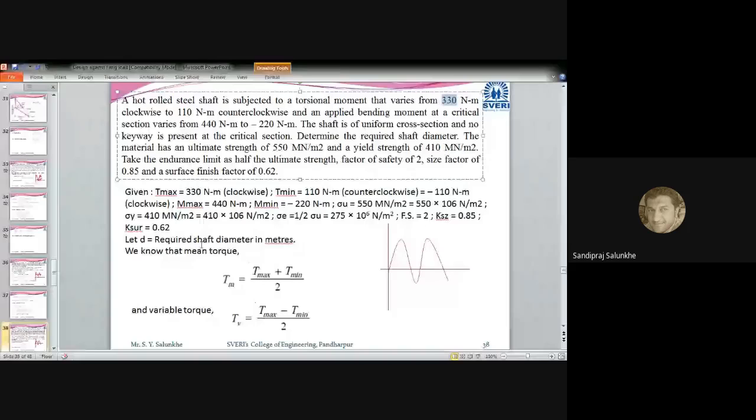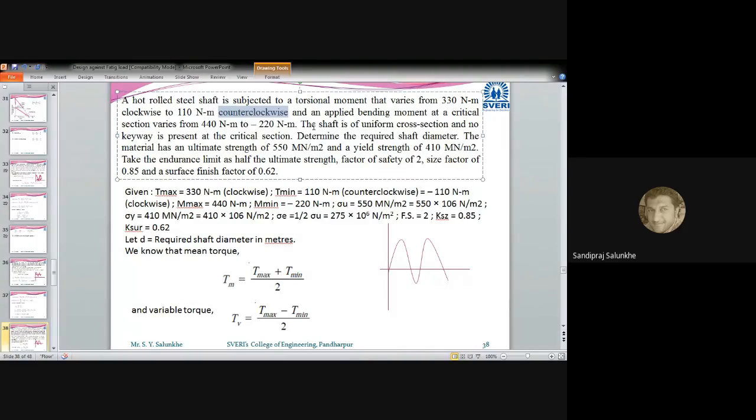We'll say clockwise is positive, and anti-clockwise or counterclockwise is negative. So 330 Newton meter is positive and this 110 Newton meter is negative, that is counterclockwise. Okay.